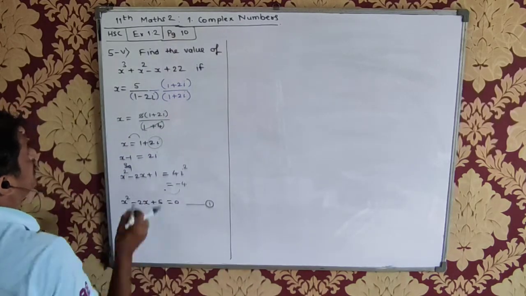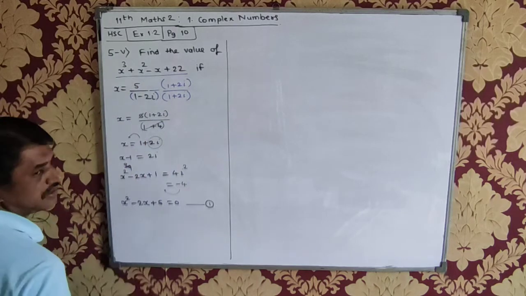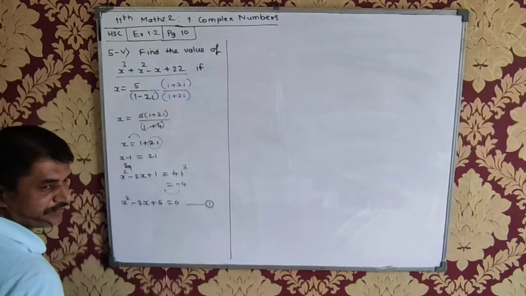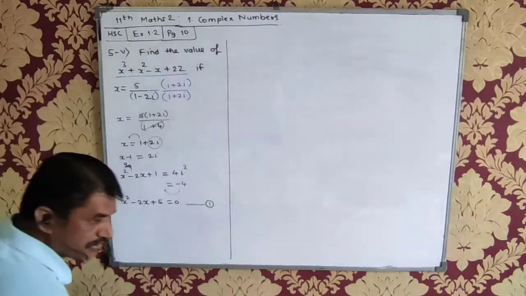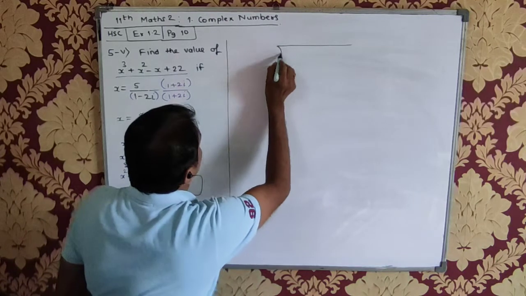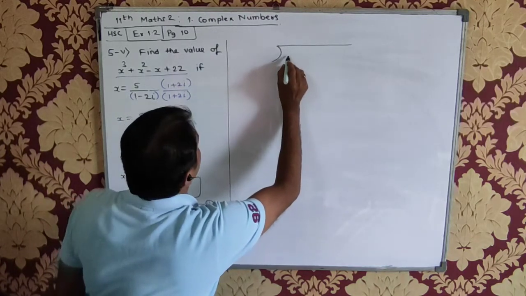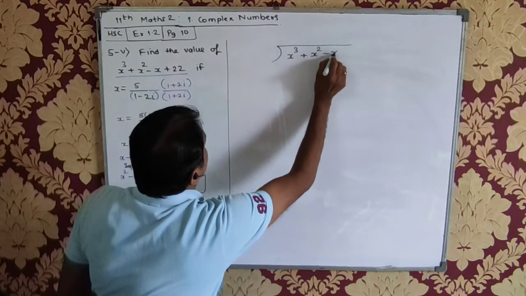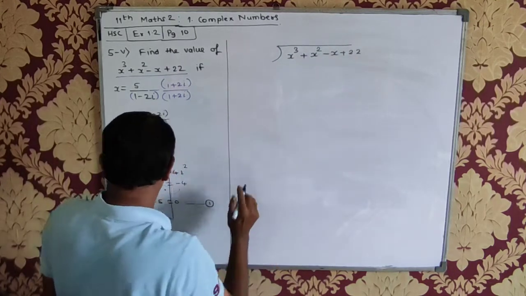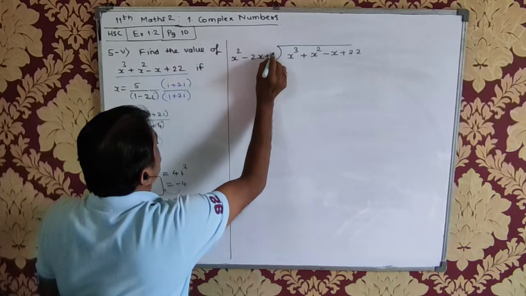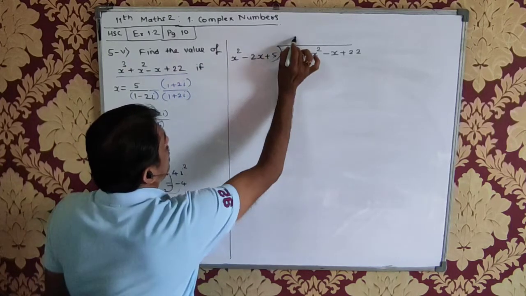Now whatever expression I have to find out, I will divide it by this. Okay? So, x cube plus x square minus x plus 22, and this is x square minus 2x plus 5.